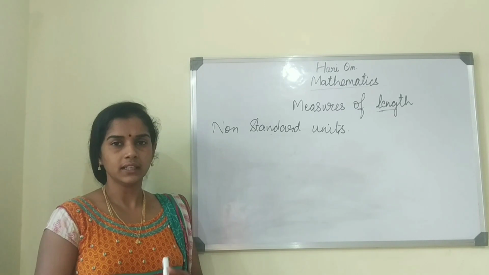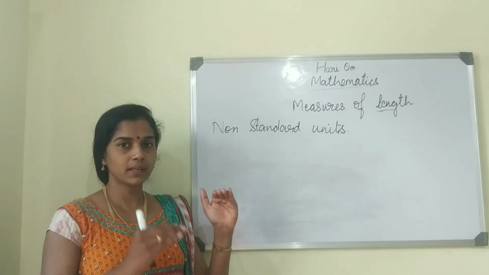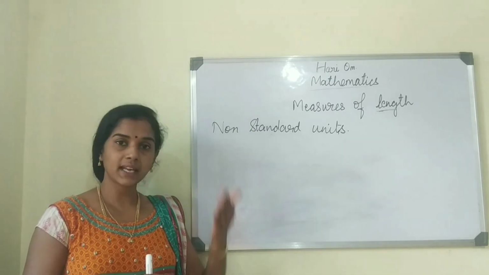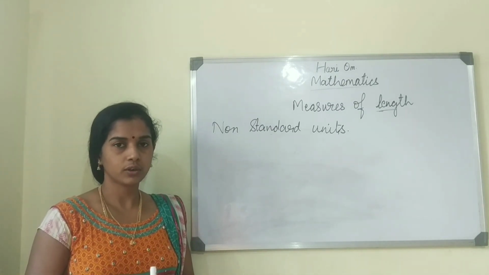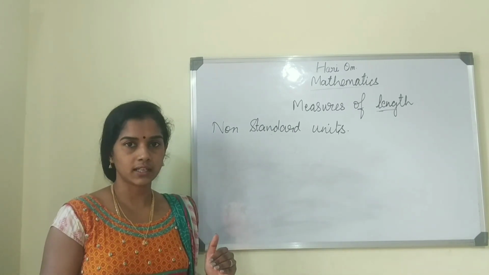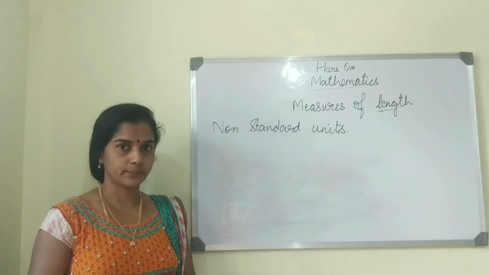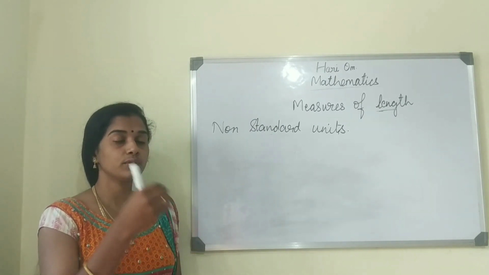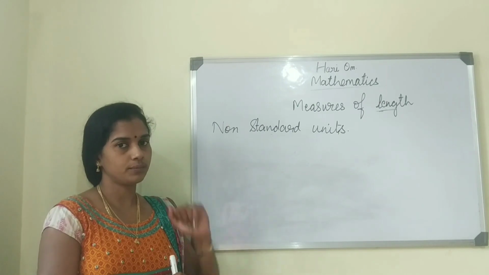One person may be tall, one person may be short, so their hands and their feet vary from one person to another. That is why it is called non-standard units. So what are non-standard units? In non-standard units, they use their body parts to measure the length of the object.